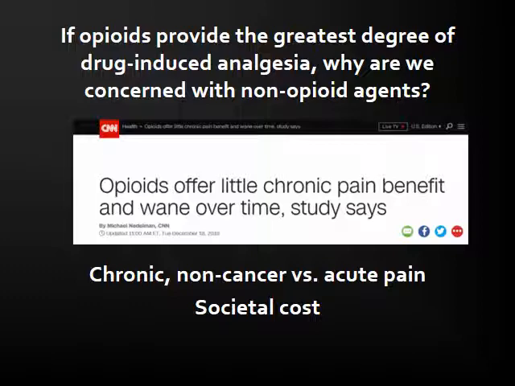And then significantly, in the 2018 paper, non-opioid alternatives were shown to be as effective as opioids in benefit for pain and functioning. All compelling arguments for the use of non-opioid analgesics.